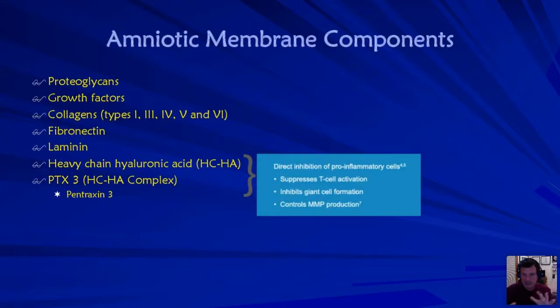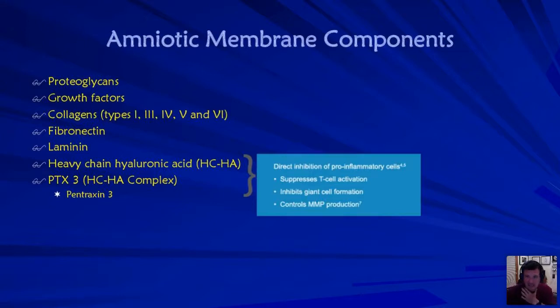So I try to teach the audience in these lectures, and when I do live presentations, where the fish usually hang out, over by that tree. If you want to research something, research heavy chain hyaluronic acid and pentraxin 3, and you'll see how important it is when it comes to wound healing as opposed to wound covering.